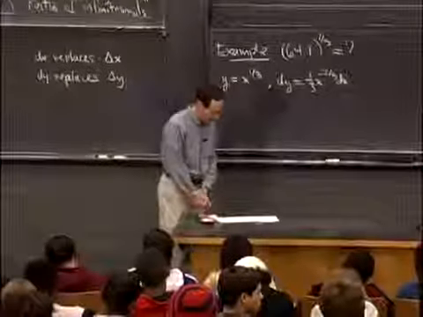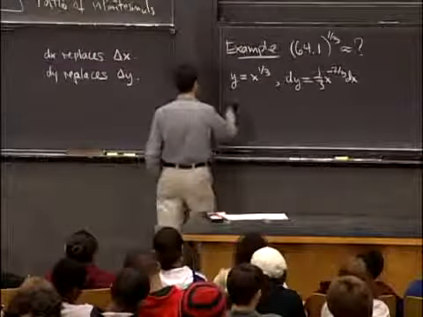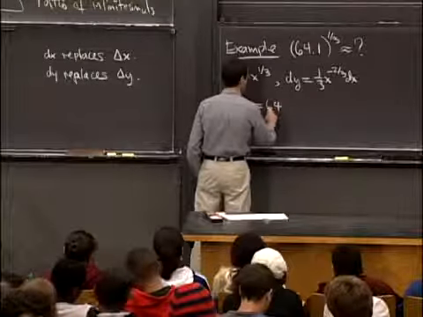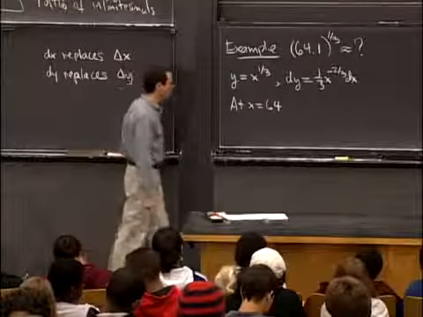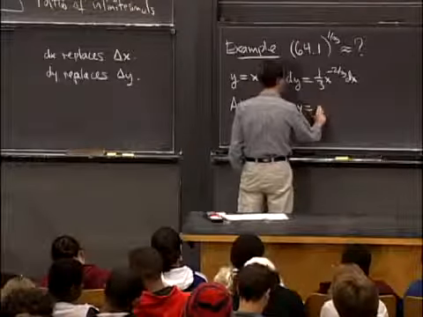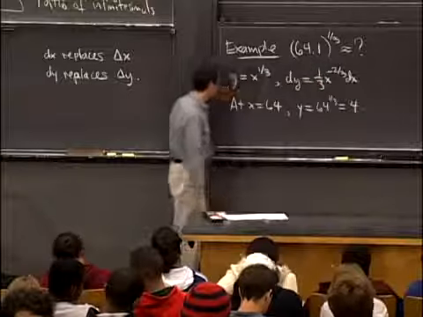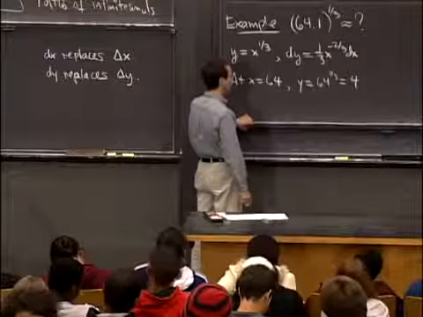And now I'm just going to fill in exactly what this is. At x equals 64, which is the natural place to be close by, where it's easy to do the evaluations, we have y equal to 64 to the 1/3, which is just 4. And how about dy?